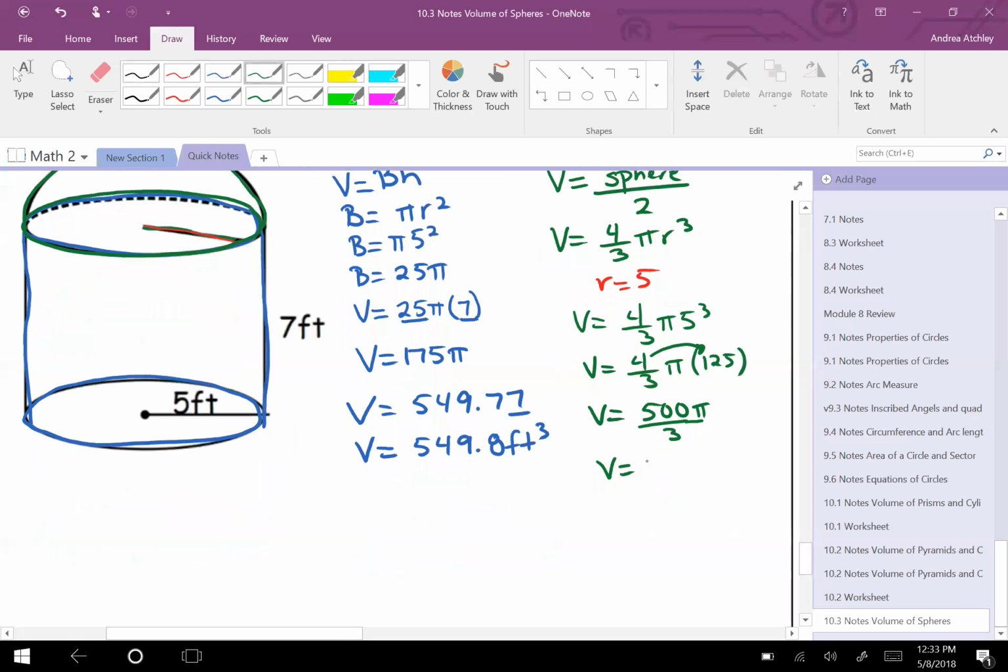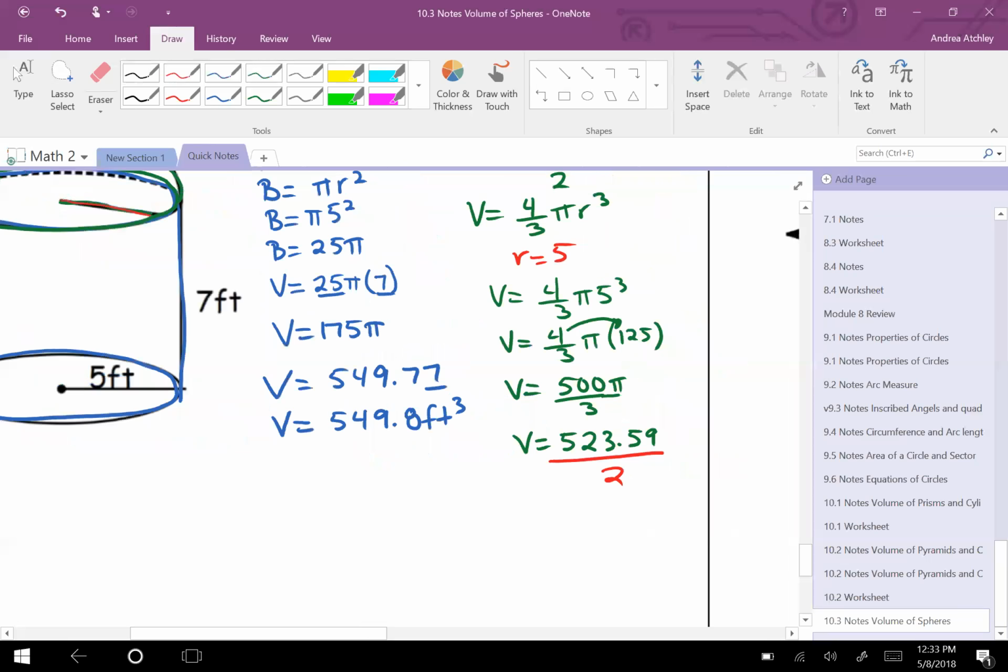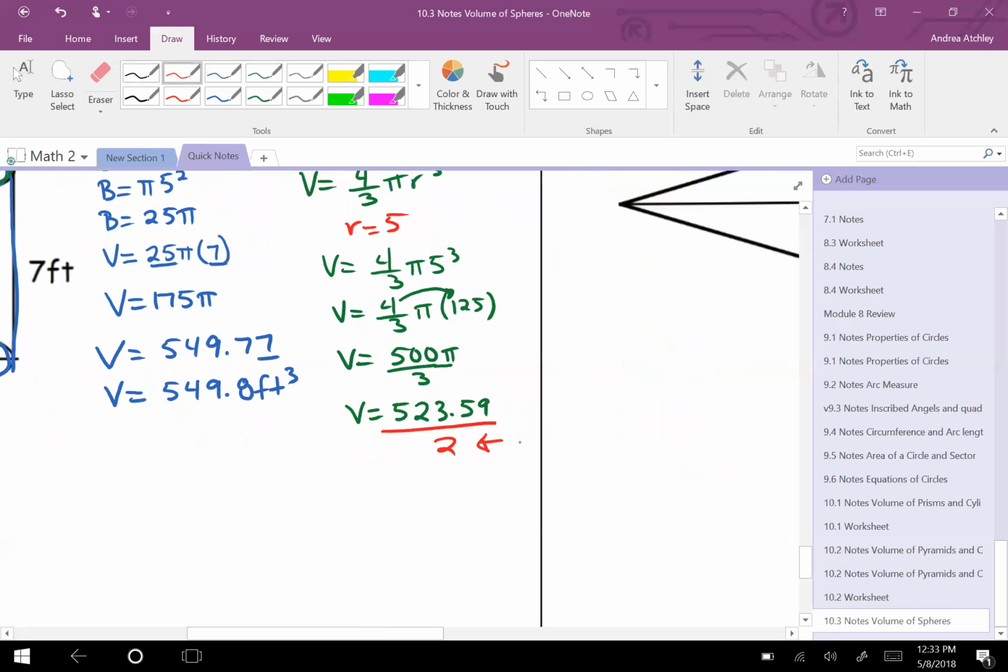So that gives me 523.59. Not quite there yet, because what do I have to do? Divide it by 2. That's the whole sphere. I want half of a sphere. So divide that by 2.